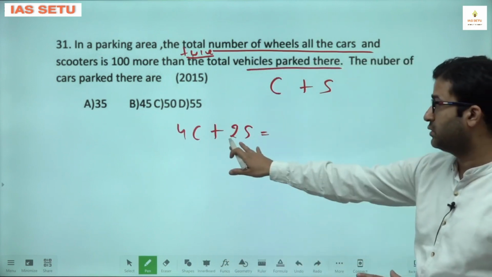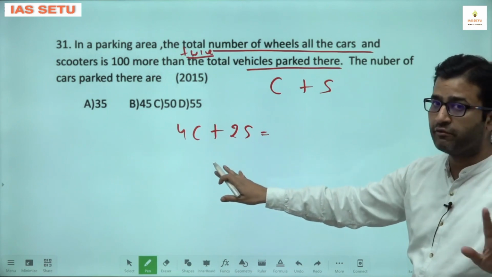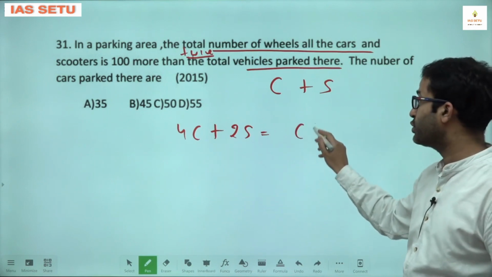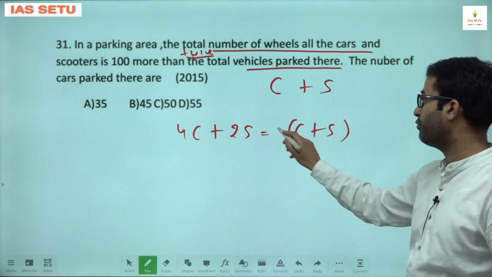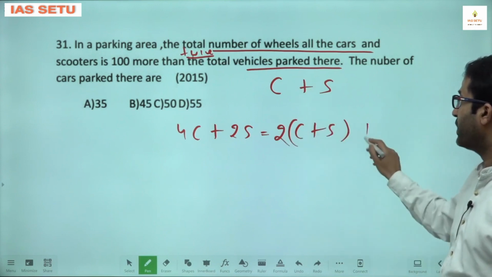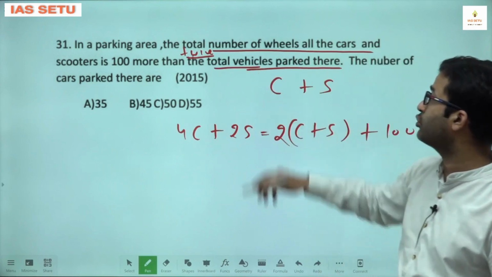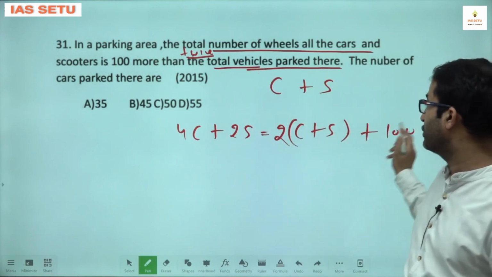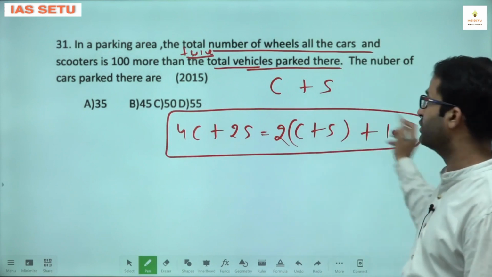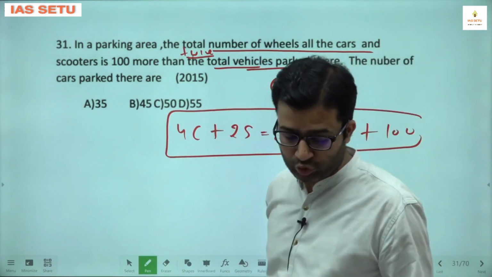So it is twice the number of vehicles plus 100. So it is 100 more than twice the total vehicle parked there. So this will be the equation. So just make one correction.